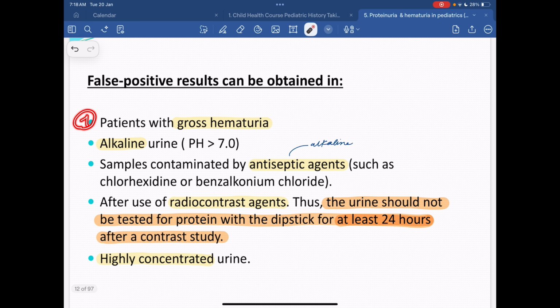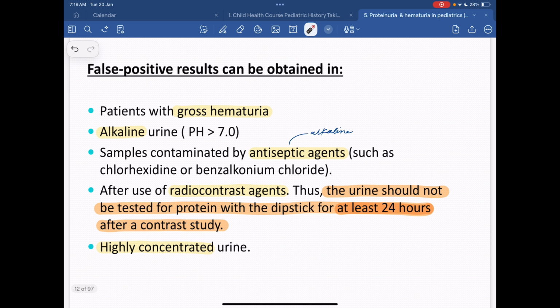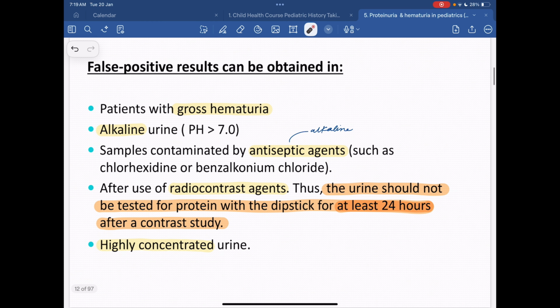False positive in patient with gross hematuria, alkaline urine, samples contaminated by antiseptic agents because they are alkaline, and after use of radiocontrast agents which are alkaline، نحتاج ننتظر إنه it gets excreted out of the body. طيب كم ننتظر؟ ننتظر at least 24 hours. بعدها we test for the protein.